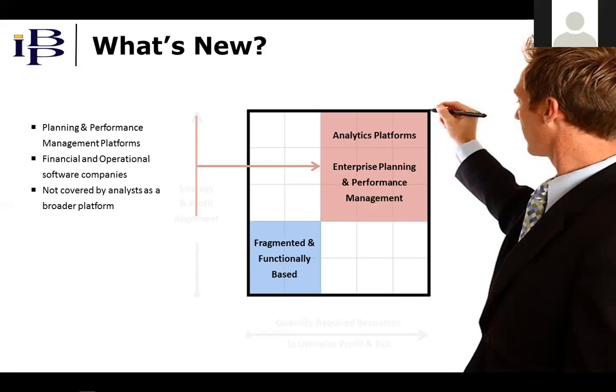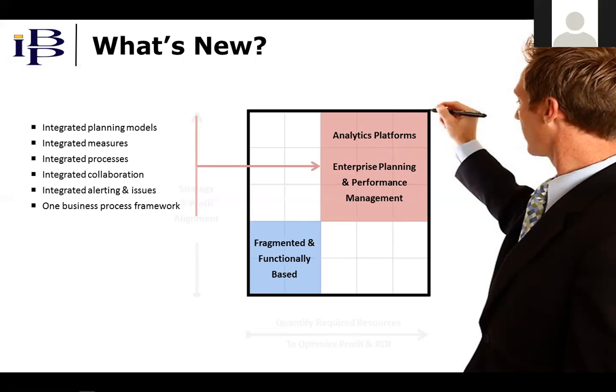This convergence is starting to take place: some of these platforms from a financial sense are offering support for operational processes, and likewise some of the operational ones are starting to support financial processes. And I'm not seeing this covered by the analysts as part of a broader platform. If you look at how the analysts are looking at the market, it's still very functionally based. So what we're doing here is stepping back and looking at it from a broader perspective.